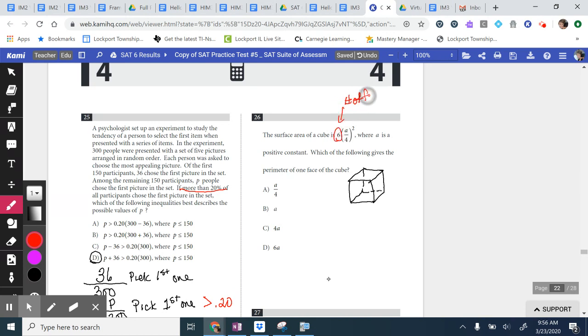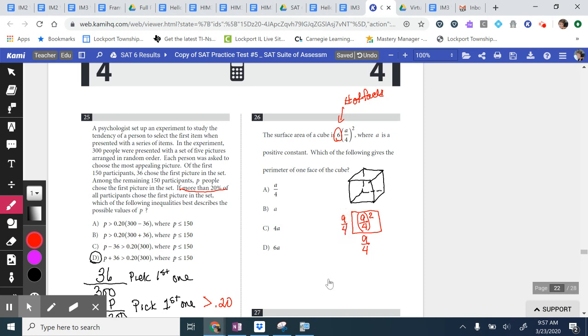The 6 comes from the number of faces or surfaces. There's a top and a bottom, a left and a right, a front and a back. That means each face must have the area of A over 4 squared. When we know it's a square, every side's the same. That means each side is A divided by 4.